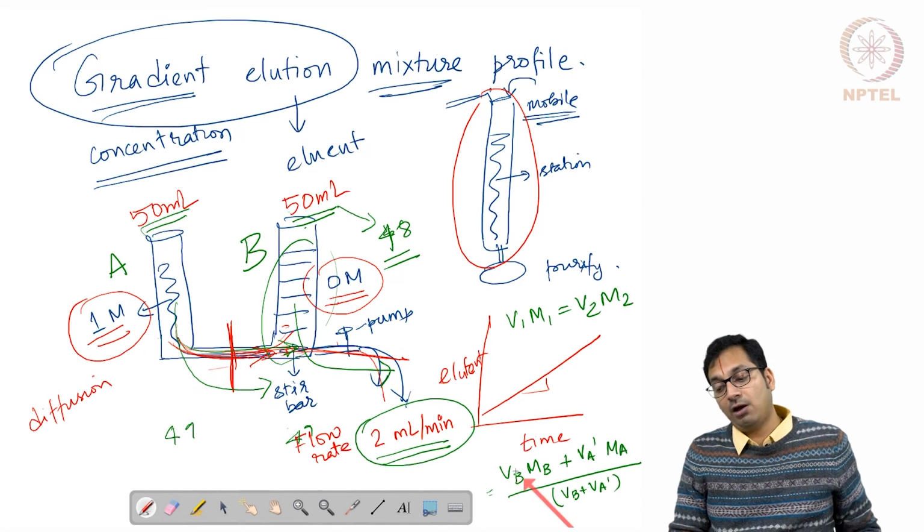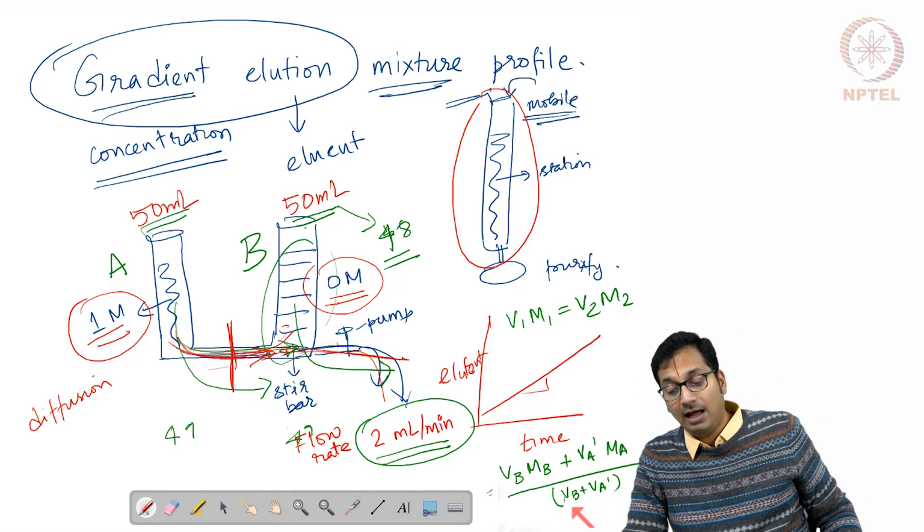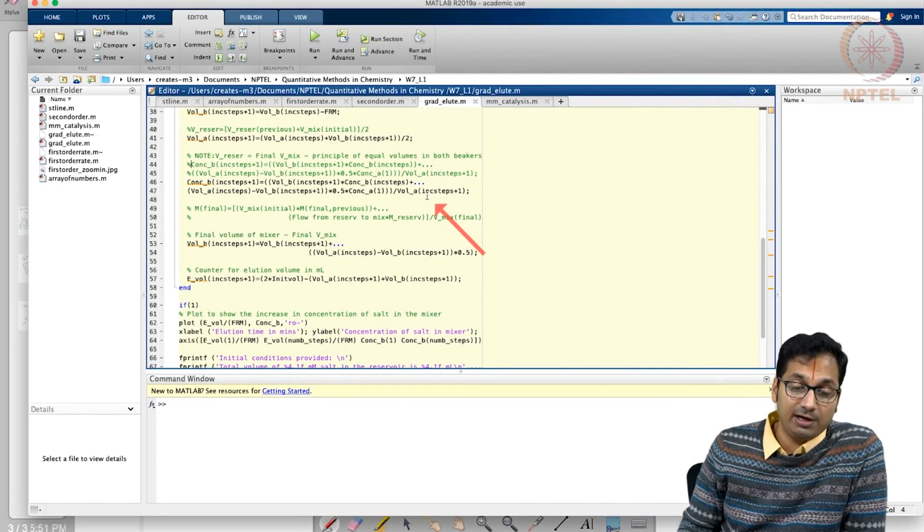Basically you want to understand how much volume is in B, what is the concentration in B, how much volume flows from A and what is the concentration of A, and then the total volume that ends up coming, which after equilibration is 49 ml.